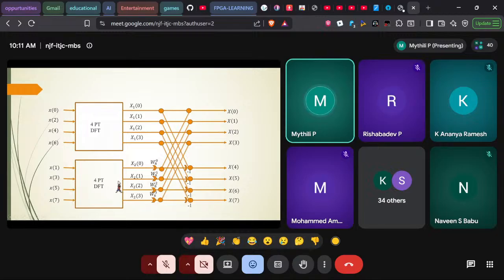Pictorially, you can see the entire operation can be shown like this. We have collected all the even values, that is the 2 summations which we did there, and the odd values.